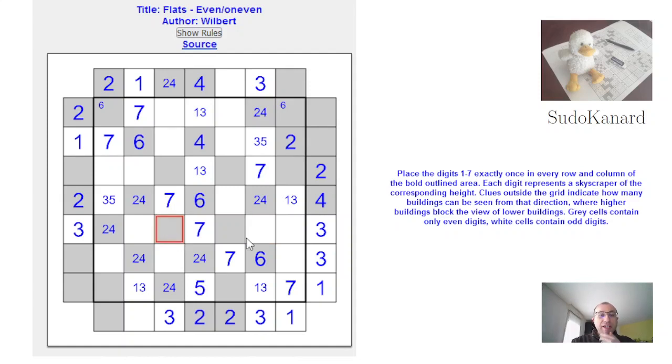So no restriction there. So this requires quite some scanning. I'm not sure where to look at this point.